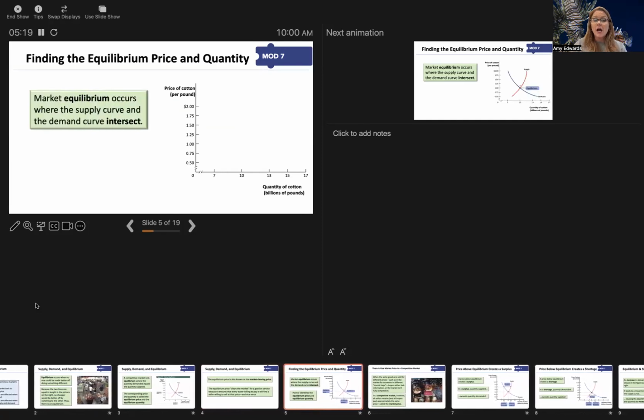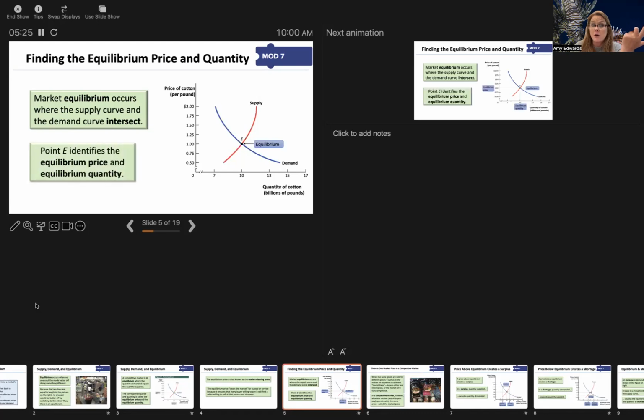Now, let's go back to our cotton, okay? We're going to draw in the supply and demand curve, and we saw this before. Equilibrium is that intersection point, and you see it. We've drawn the dot on it where they intersect. We label it with an E. So that is where it's going to tell us equilibrium price and quantity. But this graph is not enough.